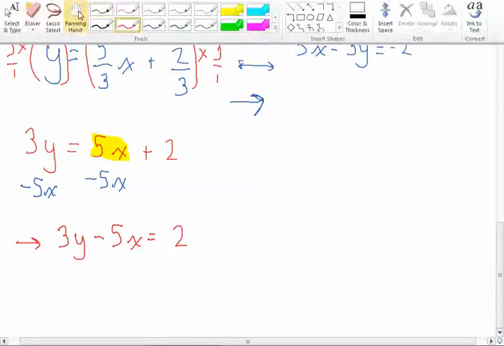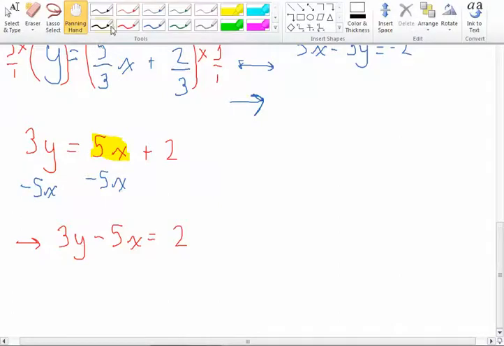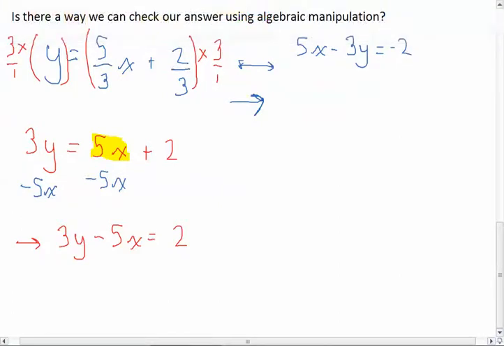Now, what's the difference between these two? I need to have a negative. So what I'm allowed to do is, remember, you're allowed to multiply both sides by anything, as long as it's not 0. Can't multiply both sides by 0 because that leaves everything useless. You can multiply both sides by 0, but then you just get 0 is the same as 0, and we try to avoid that.